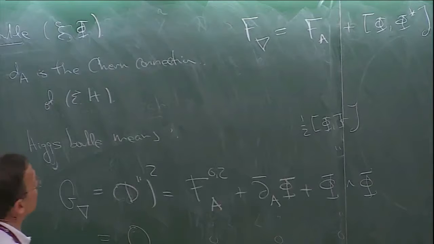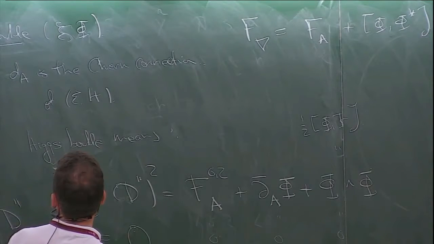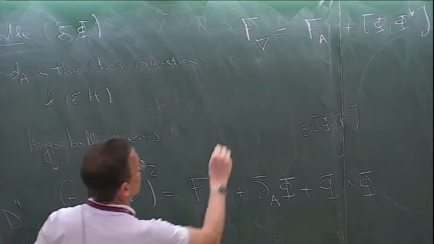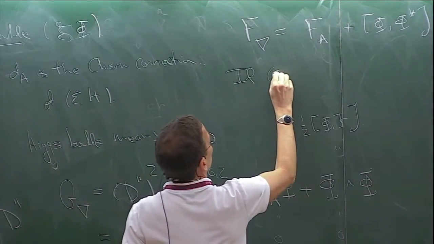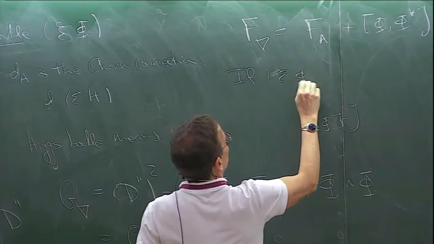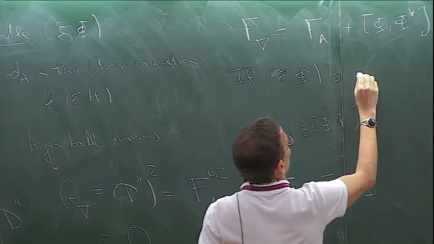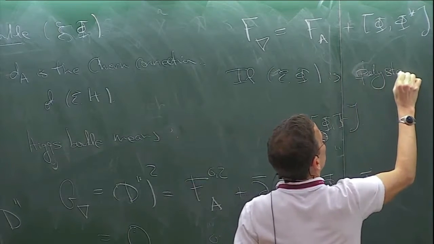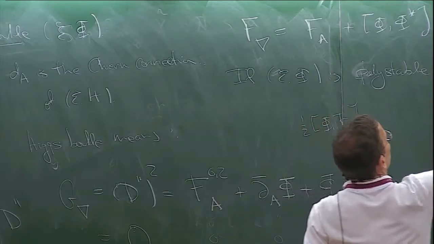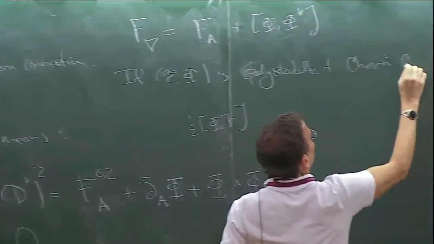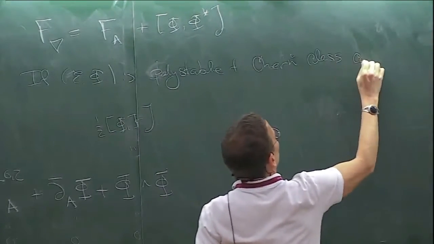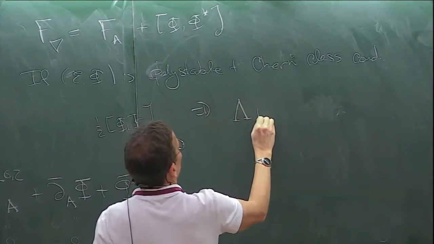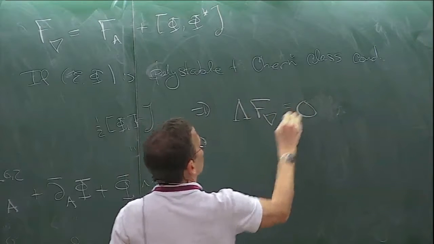What we know, under the assumption that E is polystable plus the Chern class condition, is that lambda of FA is 0.